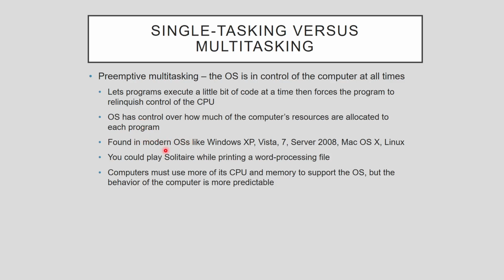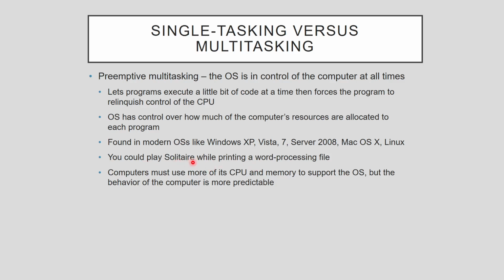Because the operating system is in charge, it has a lot of control over how much of the computer's resources are allocated to each program. As a result, the computer must use more of its processor power and memory to support the operating system, but the behavior of programs and the computer as a whole are a little more predictable.